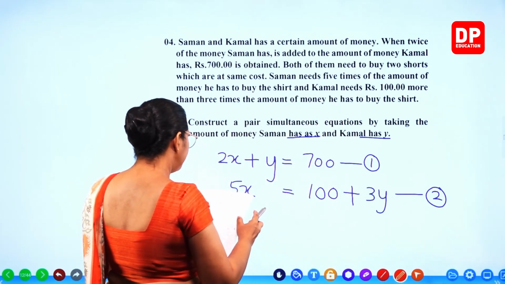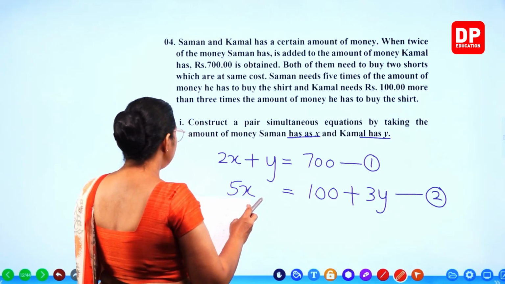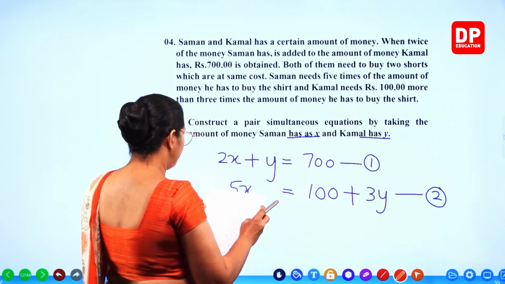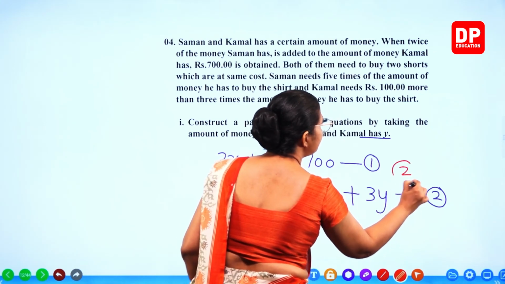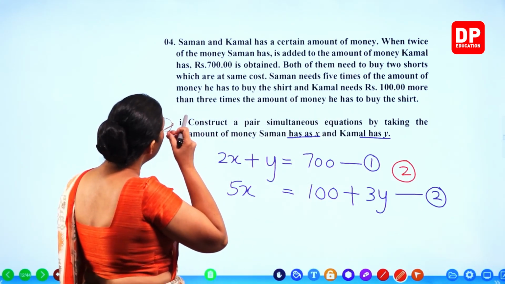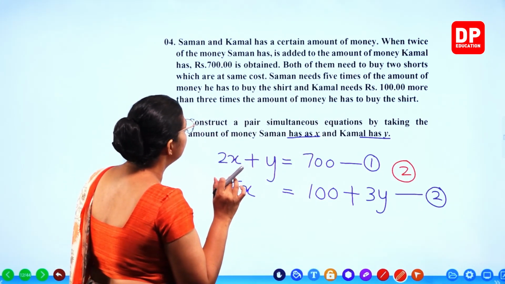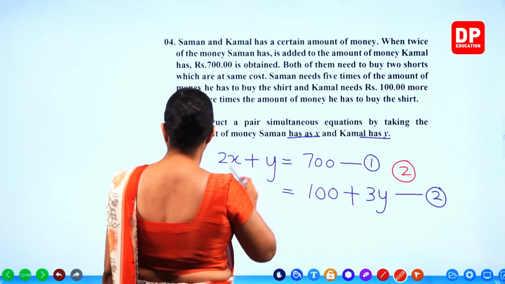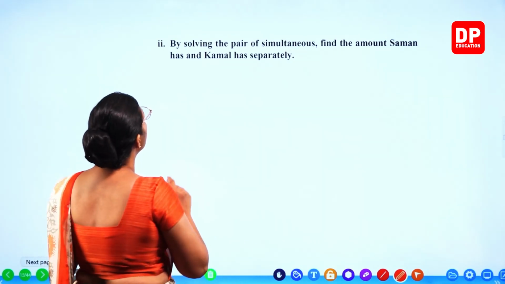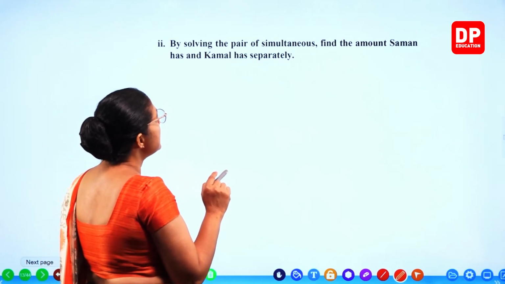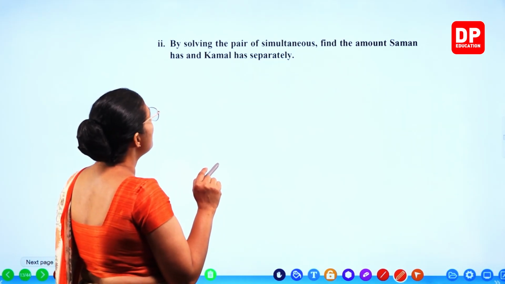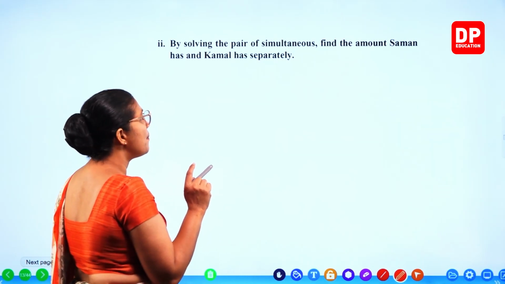So let's see. Two marks. Now we'll try to solve this. By solving the pair of simultaneous equations, find the amount Saman has and Kamal has separately.